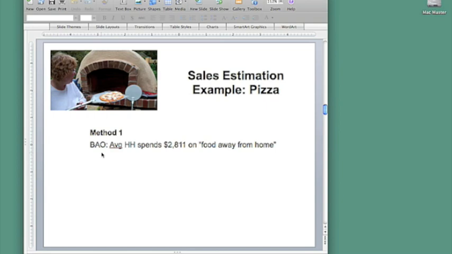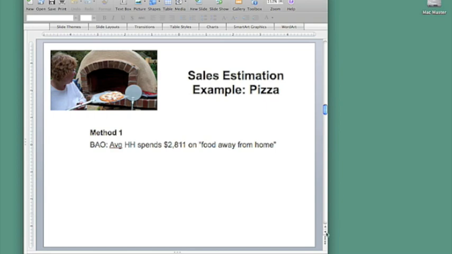Now, obviously, they're not going to spend all of that at my pizza restaurant. So I would then need some way to take that $2,800 figure and back off from it to find out how much of that would be spent on pizza. But I don't have access to that kind of information, so that method's not going to work.